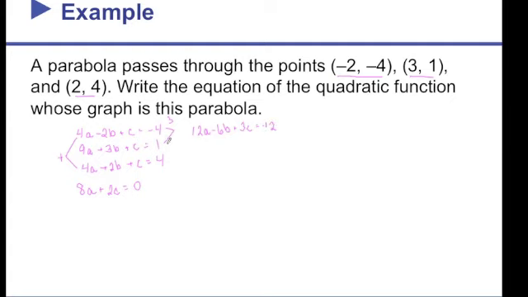And take this equation times 2 will give me 18a plus 6b plus 2c equals 2. Adding those, I'll get 30a plus 5c equals negative 10.